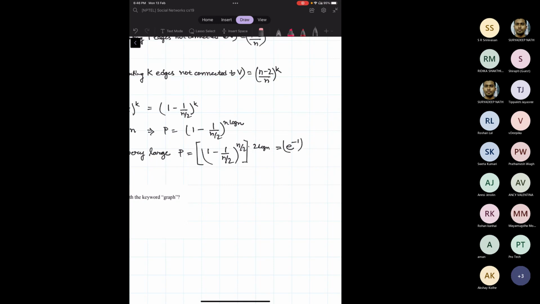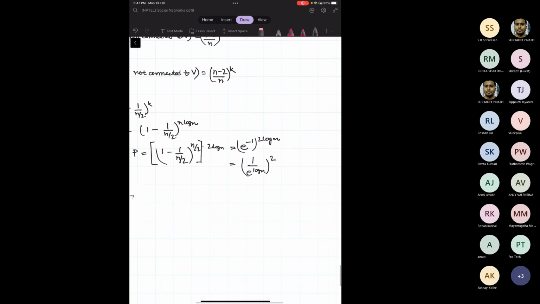So this term, and then you have to the power 2 log n. If we take it, it is 1 by e to the power log n whole square, that is 1 by n square.